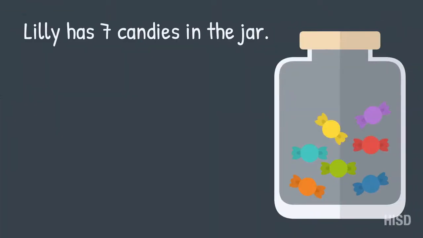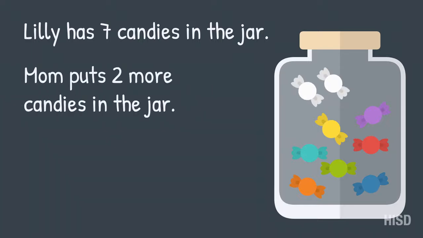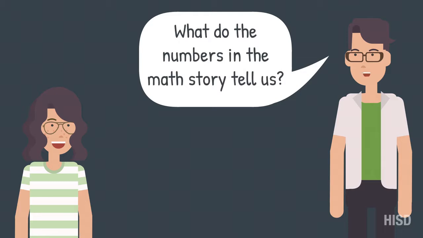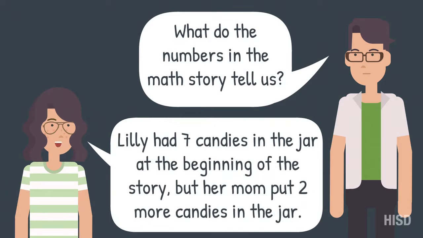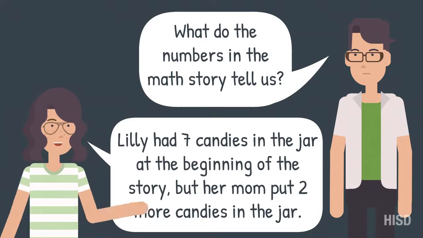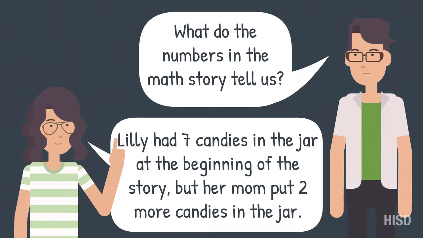Lily has 7 candies in the jar. Mom puts 2 more candies in the jar. How many candies does Lily have in the jar altogether? What do the numbers in the math story tell us? Lily had 7 candies in the jar at the beginning of the story, but her mom put 2 more candies in the jar.